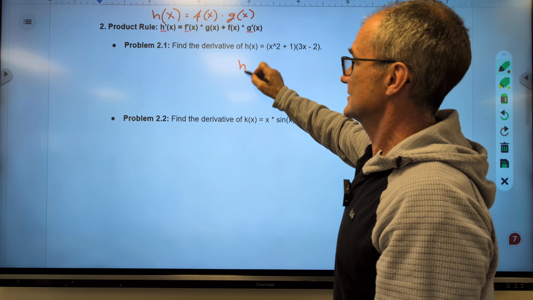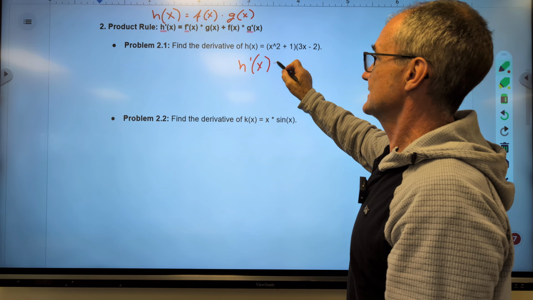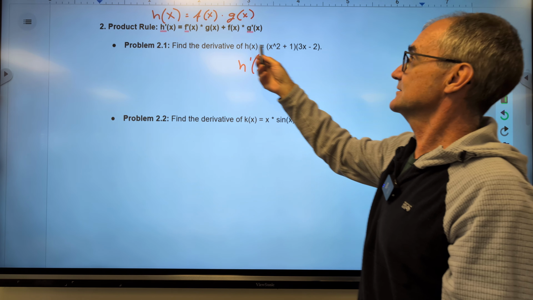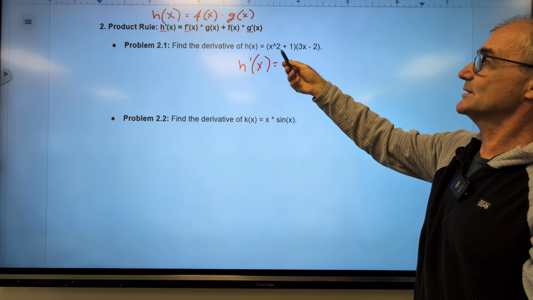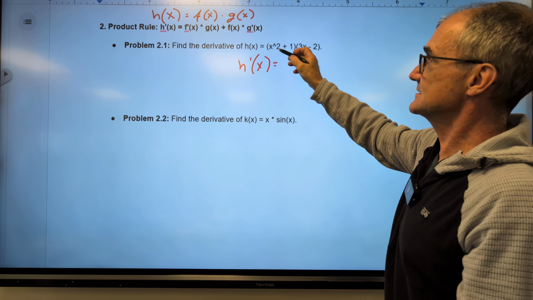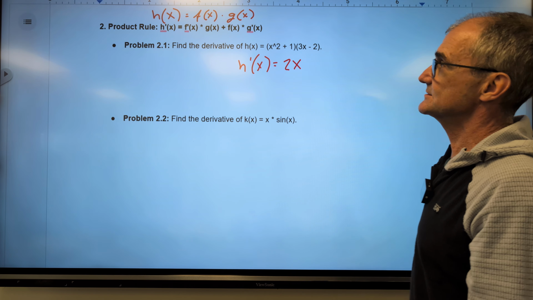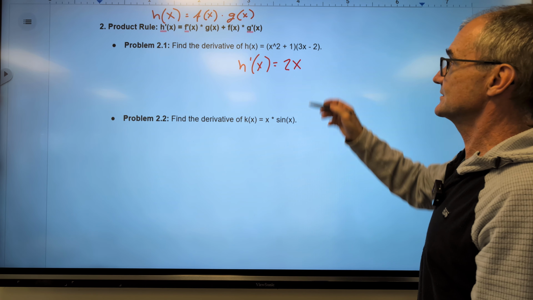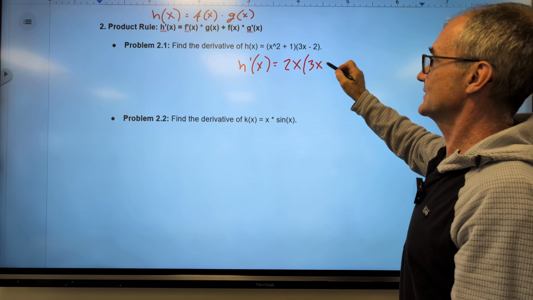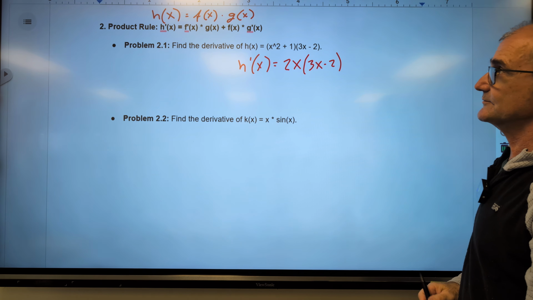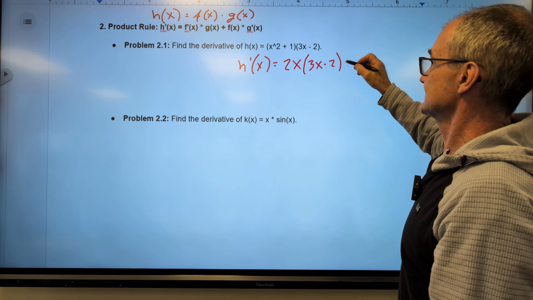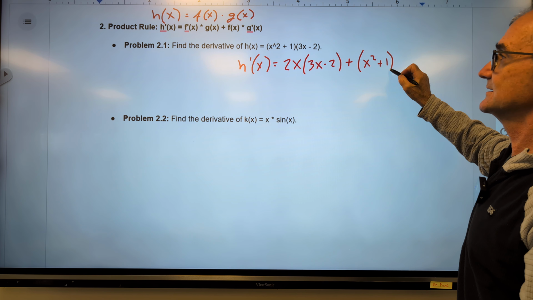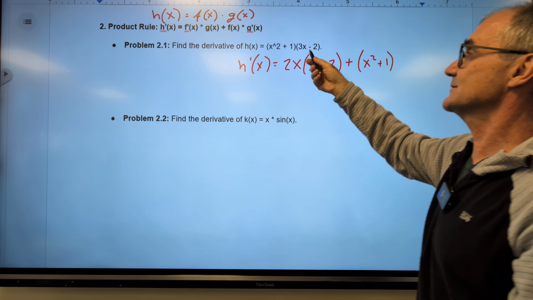So h prime of x here is going to be equal to the first part derivative. I've got to use my power rule here. So this is equal to 2x to the first. That's the derivative of the first part times the second part. Second part is 3x minus 2 plus the first part, x squared plus 1, times the derivative of the second part.